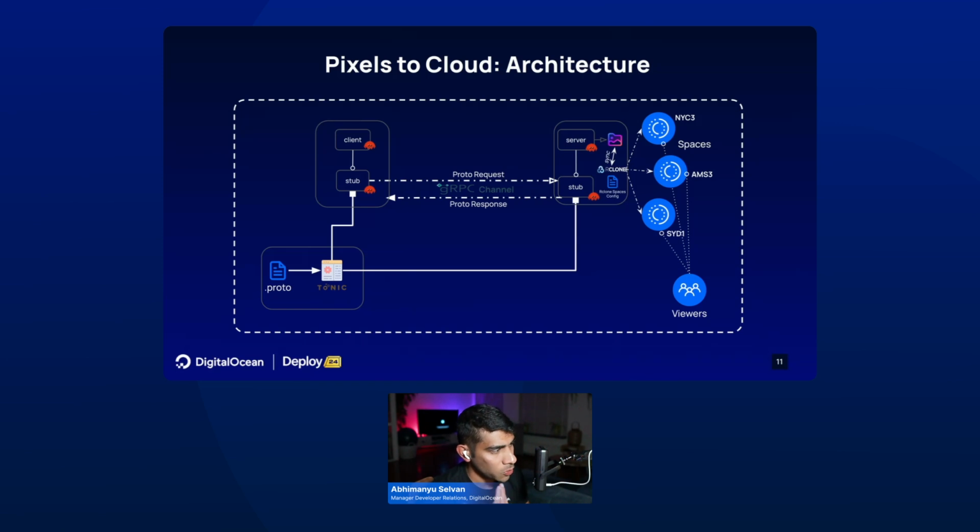And in this case, I'll be using Tonic, which is a Rust library, or Rust crate, we call it, which is used to compile this proto file into a Rust client stub and a Rust server stub that you see here.